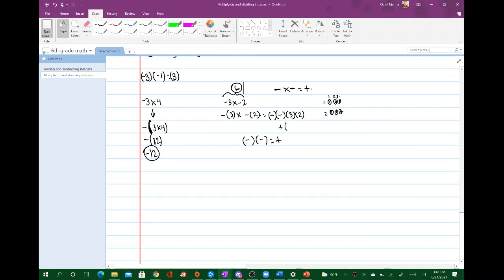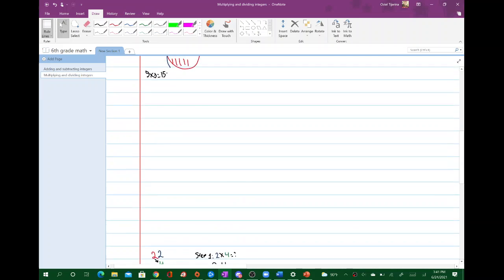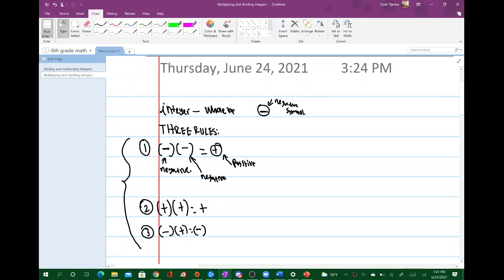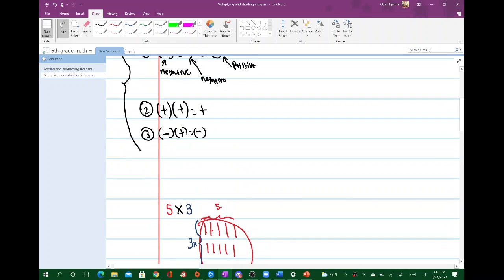And as long as you memorize these 3 rules, because these are very important, you will understand, especially when you get to Algebra 1 and other harder math classes, why it is the way it is.